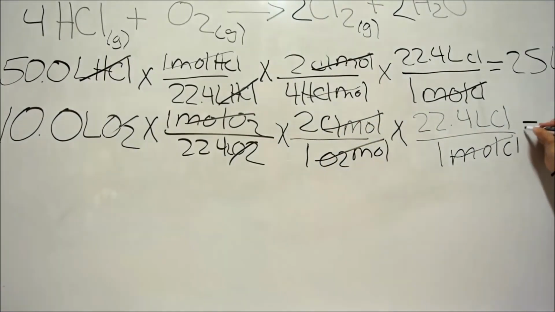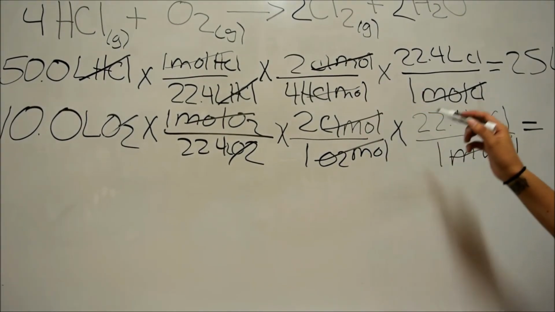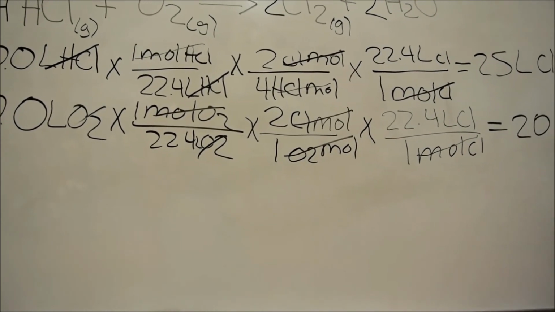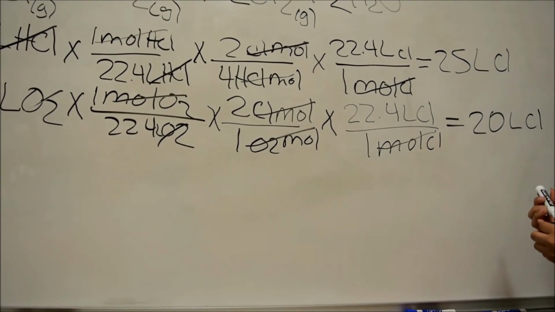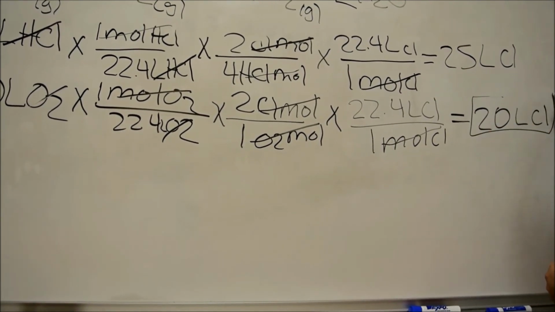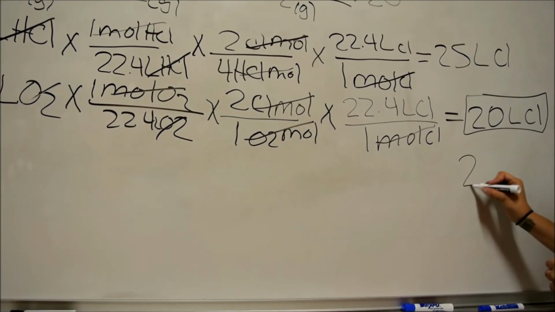And after we do the 10 divided by 22.4 times 2 times 22.4, we're left with 20 liters of Cl. So after doing this, we find out that the oxygen is the limiting reagent because it produces the least, which leaves us with our final answer of 20.